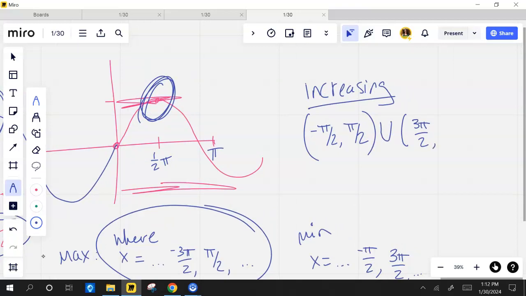Now, how far do I need to go, do you think? This is all the same, right? It's just a repeat of the same thing over and over. There's 2 pi in between here, so how do I get to the next one? Seven pi over 2, right?